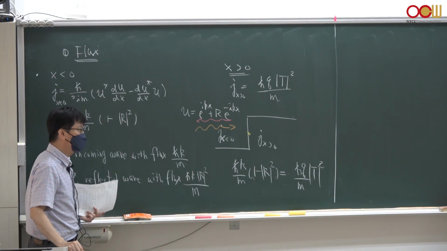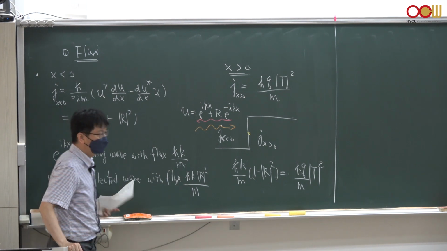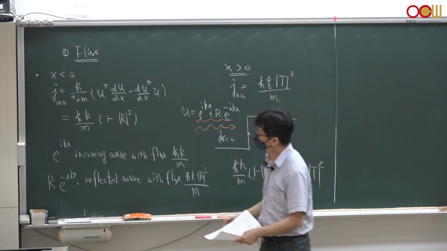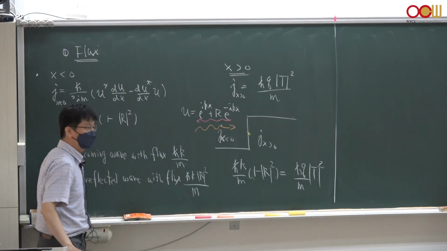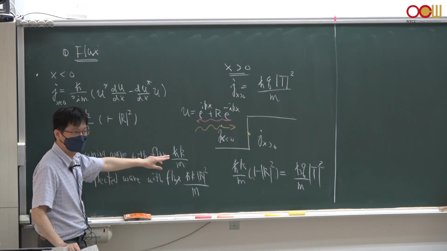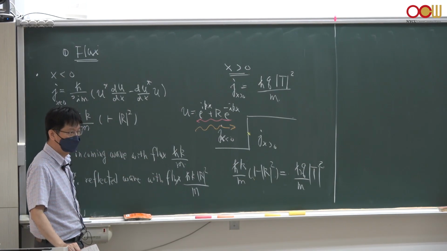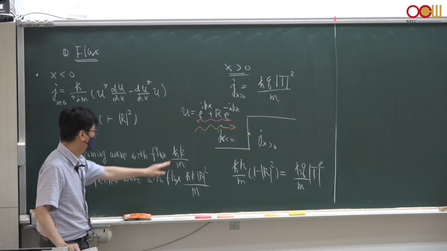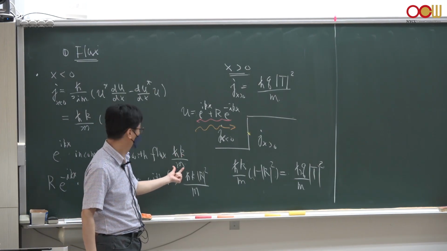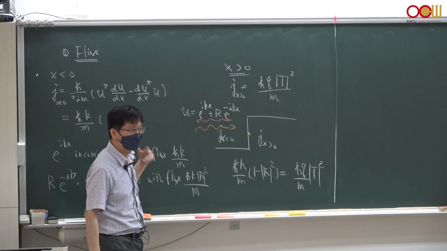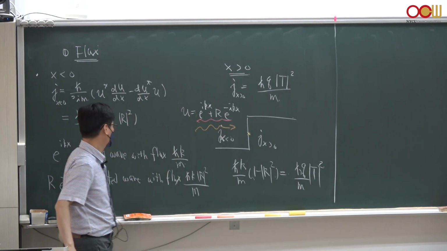But we can very easily separate these two different fluxes by a simple consideration. We know very well that this incoming plane wave carries the flux h bar k over m that we already calculated for a free particle. This h bar k is the momentum, and m in the denominator is the mass, so the momentum divided by mass is nothing but velocity.